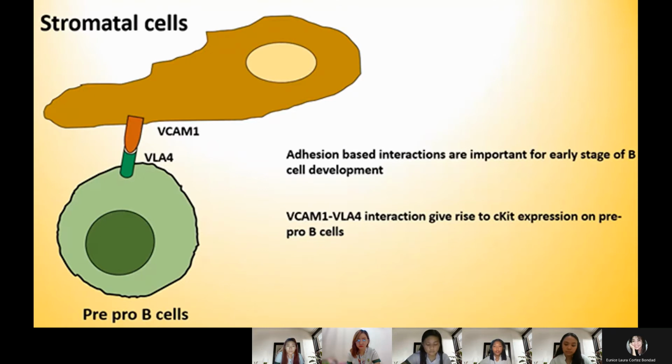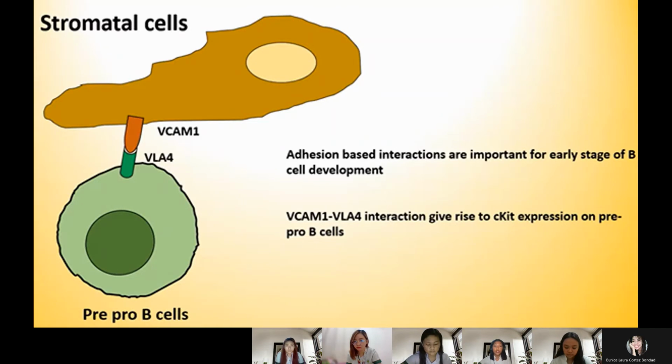At this point, the bone marrow stromal cells express adhesion molecules known as VCAM1. On the other hand, the pre-pro B cells express an adhesion molecule known as VLA4.